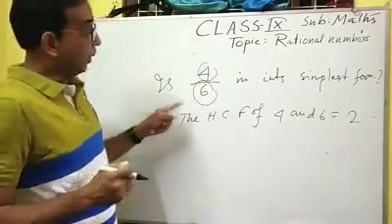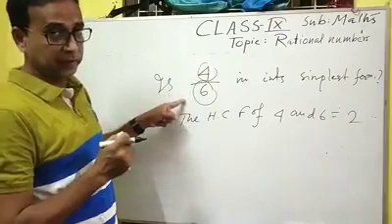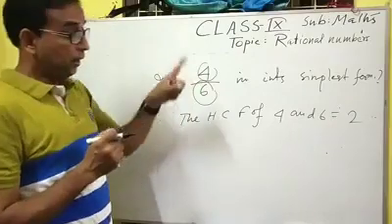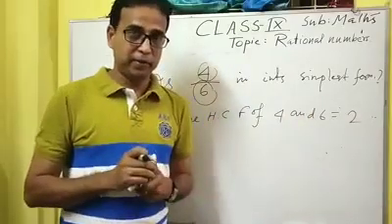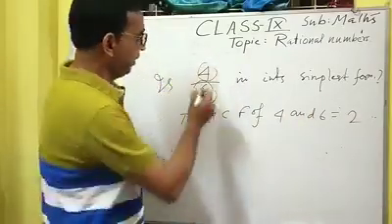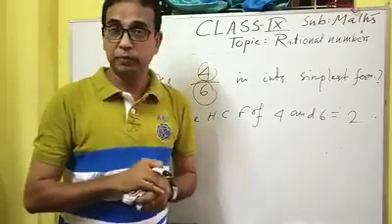Since the numerator and denominator, that is 4 and 6, have a common factor 2 other than 1, we can say that 4 by 6 is not in its simplest form.